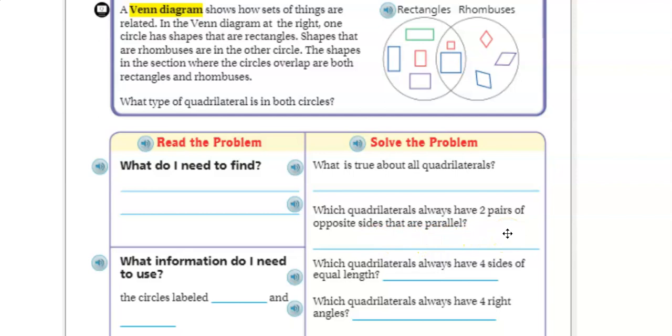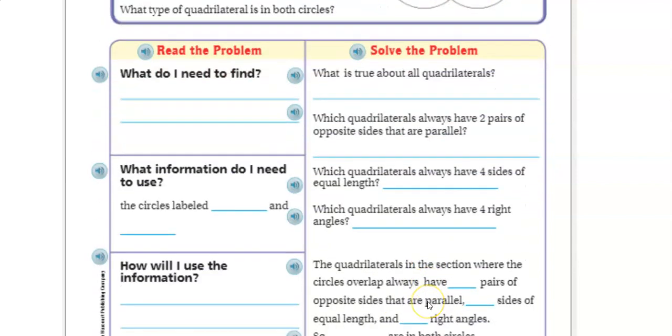And then it says which quadrilaterals always have 4 sides of equal length. You know that squares and rhombuses have to have 4 sides that are equal length. And then which quadrilaterals always have 4 right angles? You go right up top, you see rectangles and squares have 4 right angles.